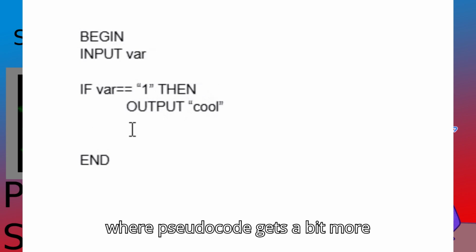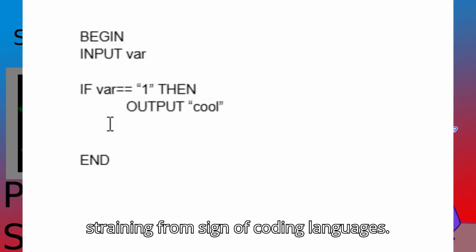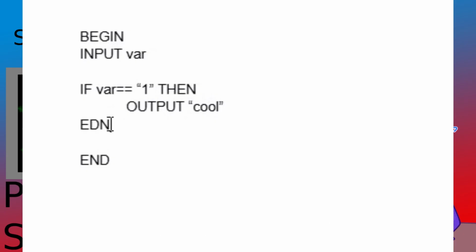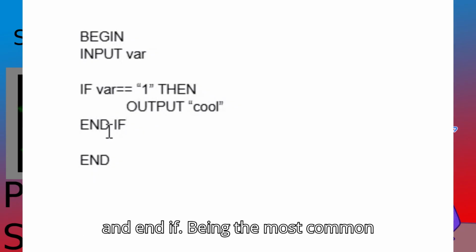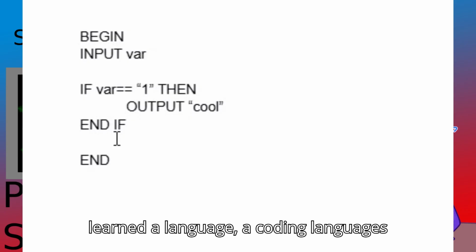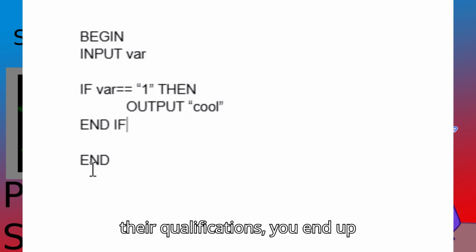But here's where pseudocode gets a bit more straying from standard coding languages. You need to specify end if. You need to specify this whenever you use an if statement in pseudocode. Forgetting the end or the end if is among the most common mistakes for people who have already learned a coding language, who then need to learn pseudocode for their qualifications.